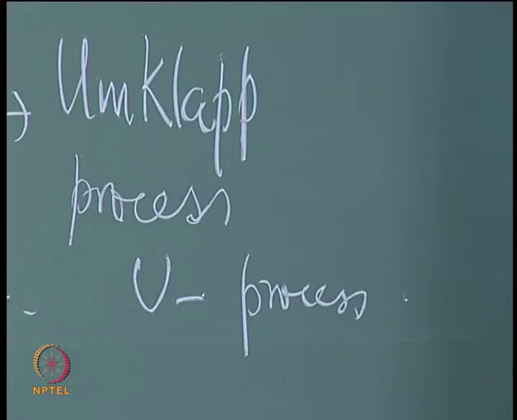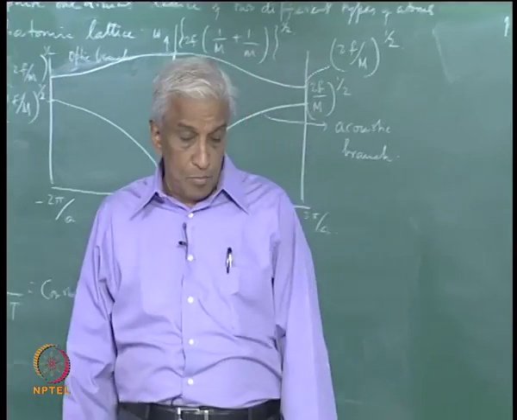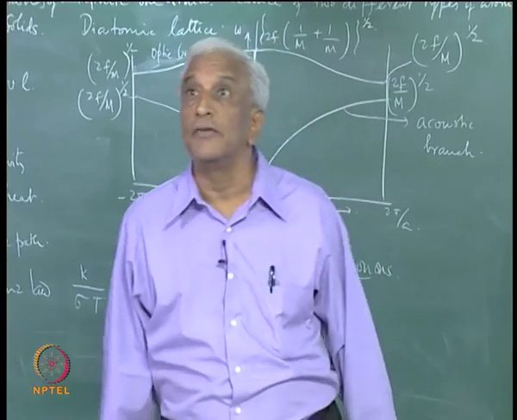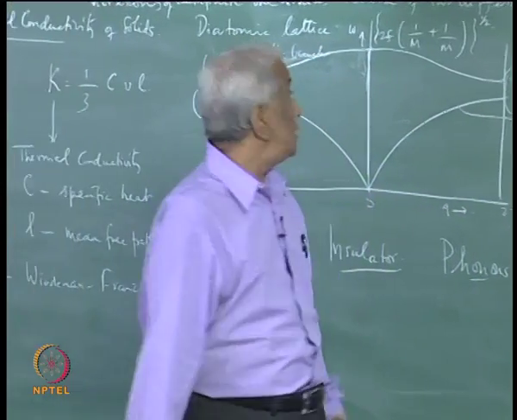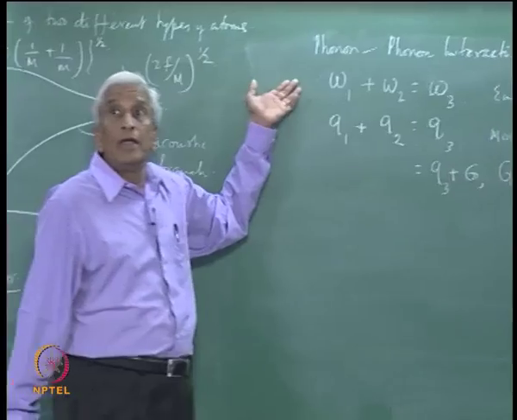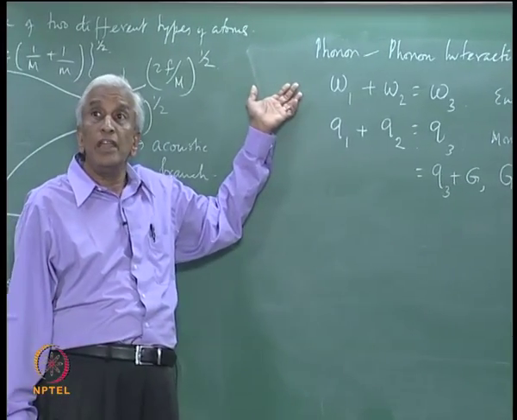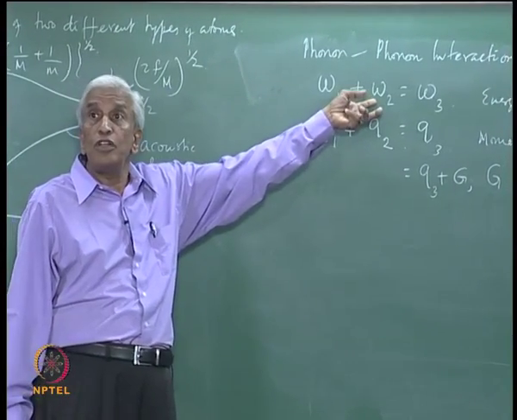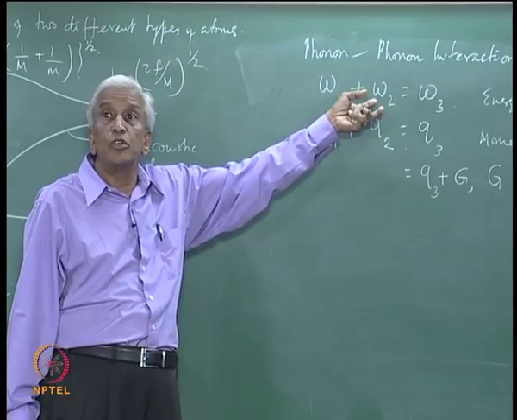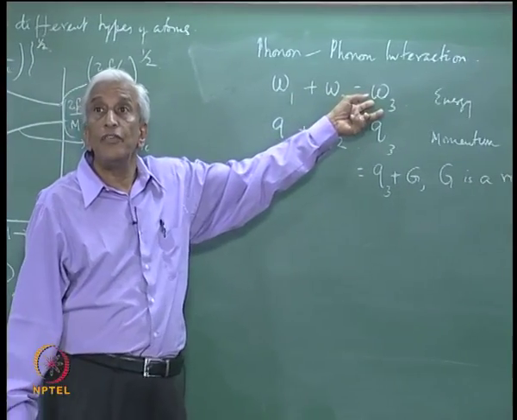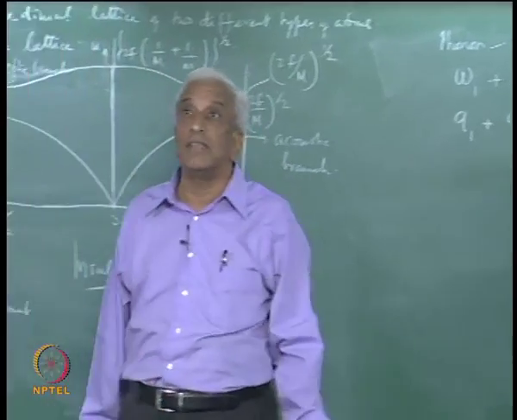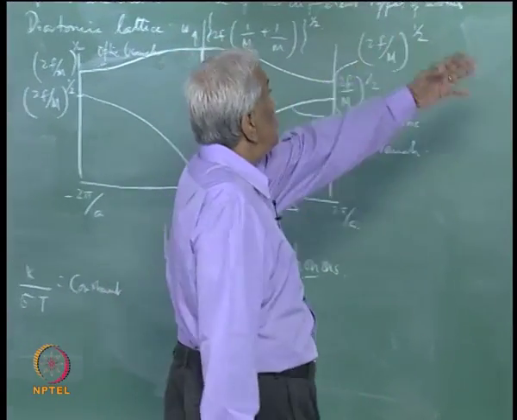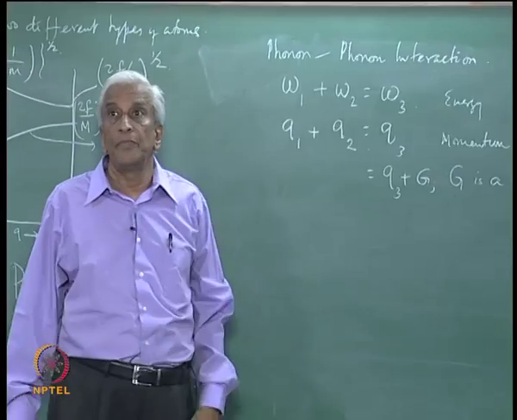So, both these processes are possible in phonon interactions. Both will contribute to the conductivity. So, this tells you a phonon of energy h cross omega 1 interacts with another phonon of energy h cross omega 2, resulting in the creation of a phonon of energy h cross omega 3. So, the total energy of the phonon system is conserved.